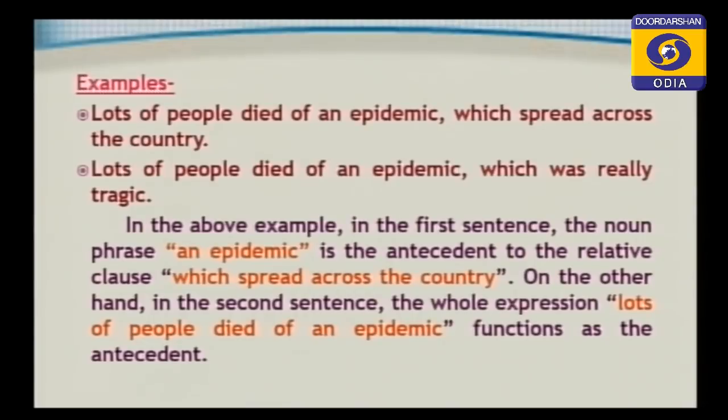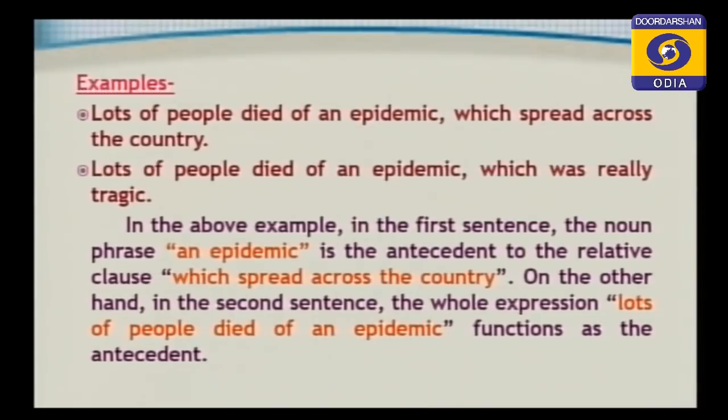But in the second sentence, which is the antecedent noun phrase? Lots of people died of an epidemic which was really tragic. The relative clause which was really tragic does not speak only about an epidemic. It does not speak only about lots of people. It gives more information about the whole expression, lots of people died of an epidemic.